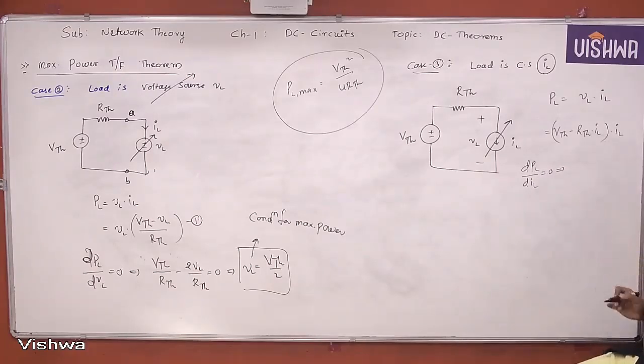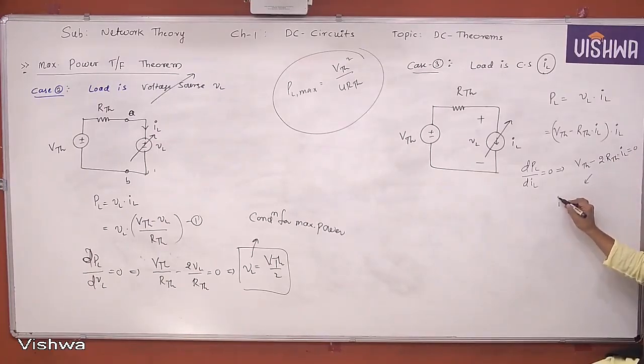Now what will happen? VTH into IL, you get VTH when you differentiate. IL square into RTH, 2 times RTH into IL. Yes or no? Then what do you get here? IL is equal to VTH by 2 times RTH.